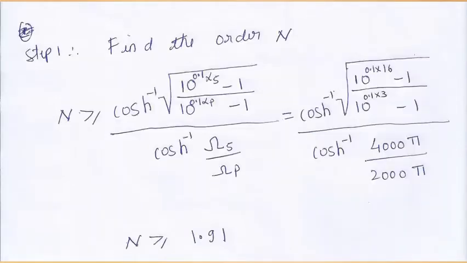Once we have noted down the given specifications, the next step is to find the order of a filter. And as you are aware, order of a filter is denoted by the term n.